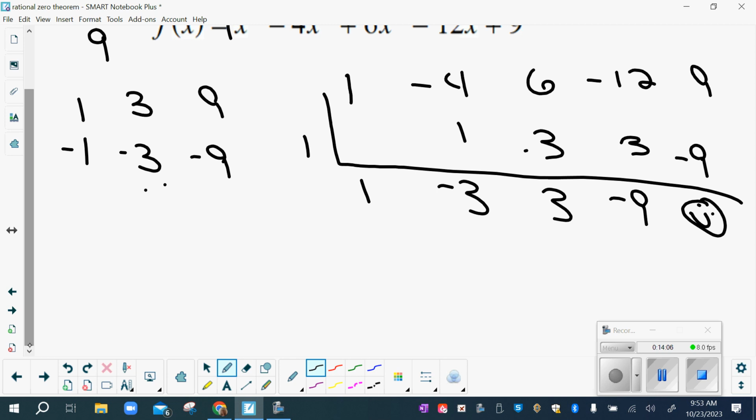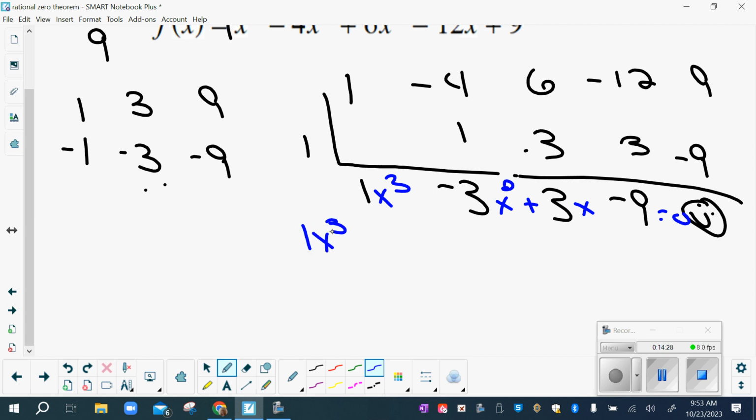Okay, add your x's back in, right? We know what to do. We've been doing this now. x to the 3rd minus 3x squared plus 3x minus 9 equals 0. If that's scary for you, you can write it out a second time so it looks good.